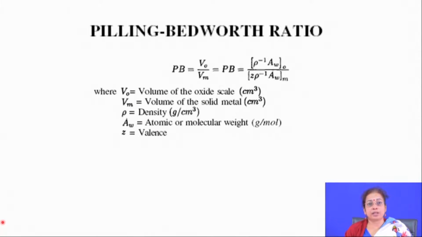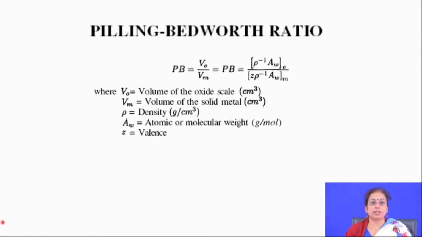Because of this difference in coefficient of thermal expansion, a lot of stress is generated at the interface. There is a very important parameter, again a guideline to know the overall protectiveness of the oxide film formed on the surface: the Pilling-Bedworth ratio.